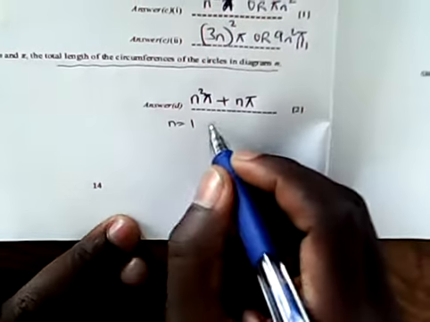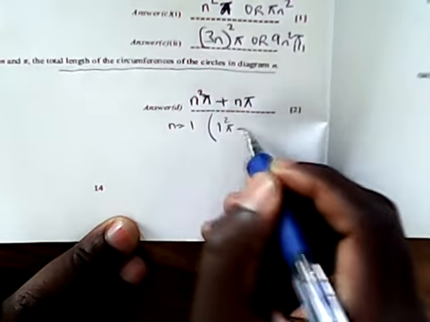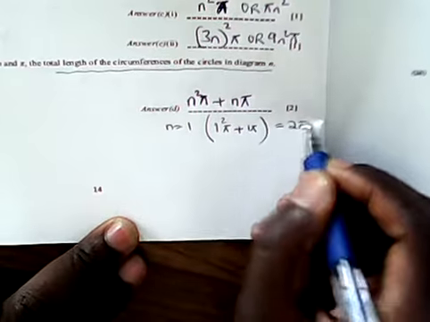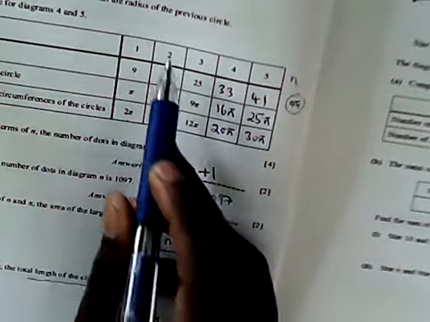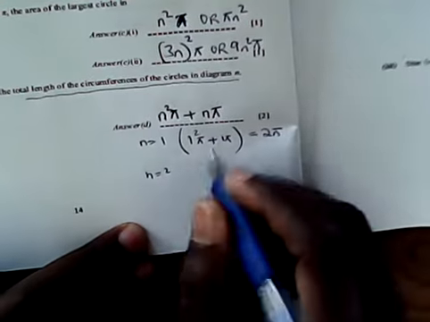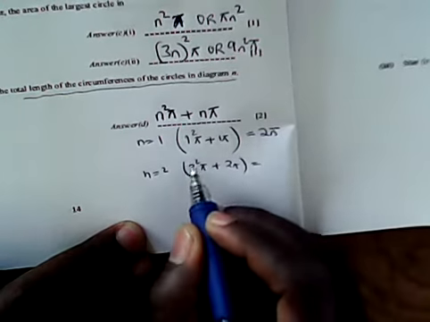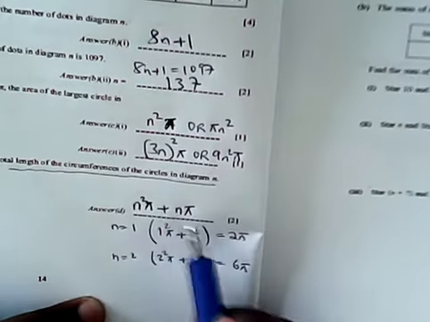For example, when n is 1, we're going to have 1 squared pi plus 1 pi, so the answer will be 2 pi, exactly what we have here. To get 6 pi, n is 2, so you're going to have 2 squared pi plus 2 pi. 2 squared is 4, so this is 6 pi. I'm just proving it, but that is the answer.